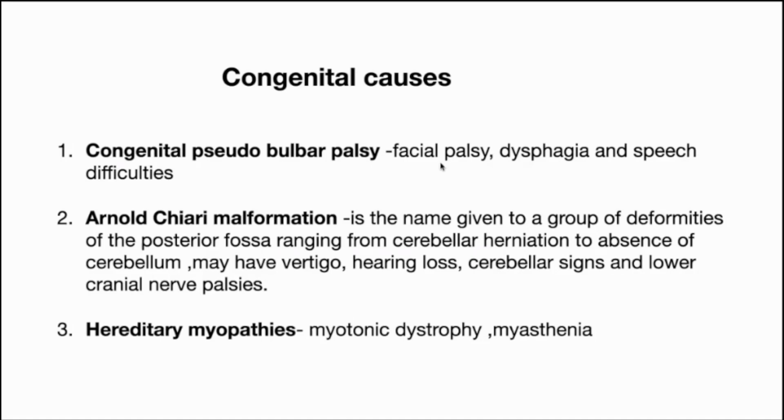It involves facial palsy, dysphagia, and feeding difficulties. Arnold-Chiari malformation is a name given to a group of deformities of the posterior fossa, ranging from cerebellar herniation to absence of cerebellum. And the child may have vertigo, hearing loss, cerebellar signs, and lower cranial nerve palsies. Hereditary myopathies like myotonic dystrophy and myasthenia gravis.